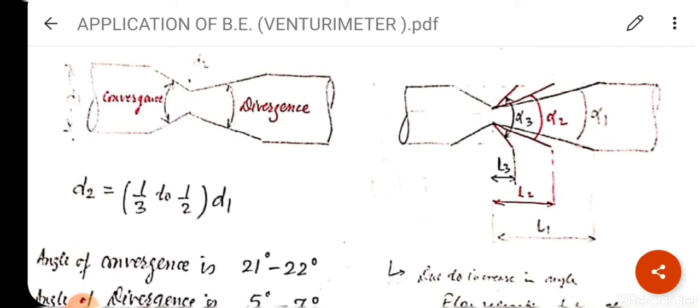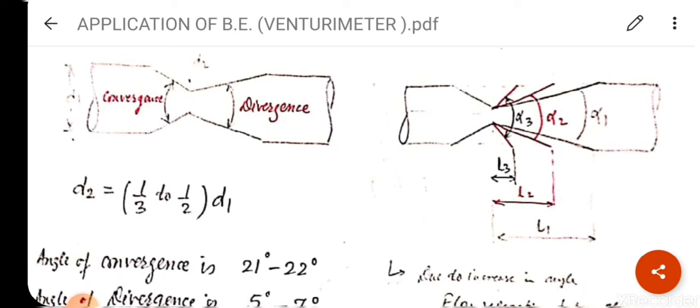Next is the diverging section, which is increasing the area. Generally the throat diameter is taken as D2 equal to 1 by 3 to 1 by 2 of D1. To find the throat diameter, you can directly multiply by 1 by 3 or 1 by 2, generally half or 33% of the pipe diameter. Clear?